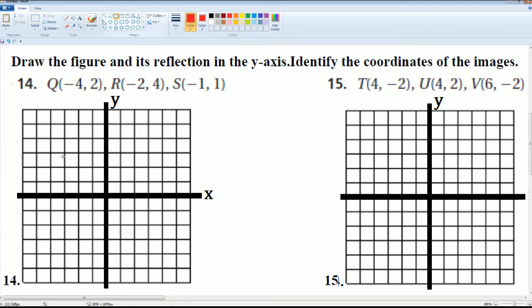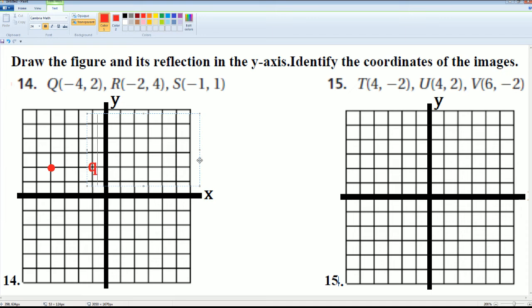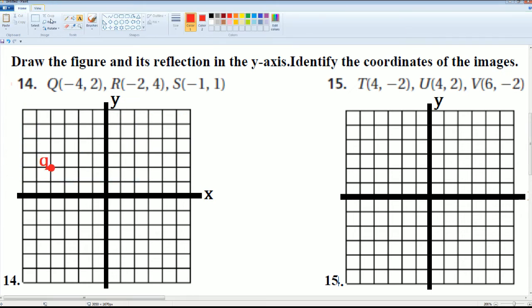Okay. Q is at negative 4 comma 2, so negative 4, 1, 2, 3, 4 in the x, 2 in the y, 1, 2. We'll call this Q. And next, negative 2, 4, so negative 2, 1, 2, 4, 1, 2, 3, 4.